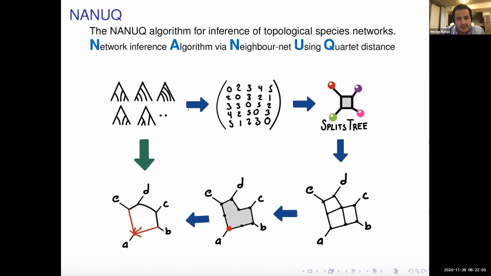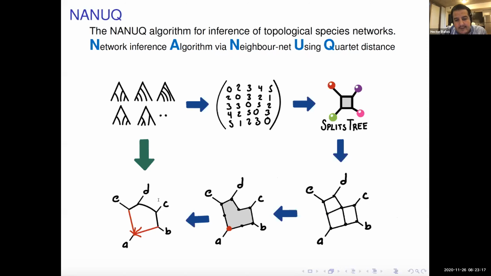Now, under the theory that we have developed, the type of splits graph that we'll see is special, and we call them dark networks. We have some terms on how you can interpret biologically what the signals mean, so we can interpret those dark networks to get information about the networks.